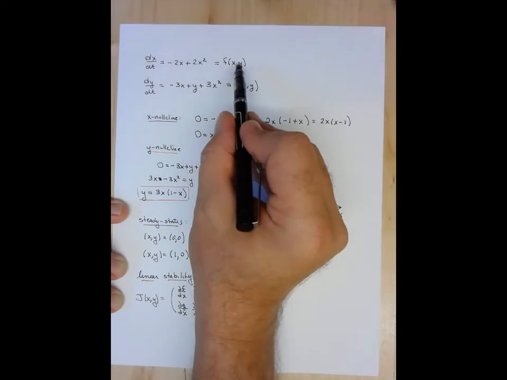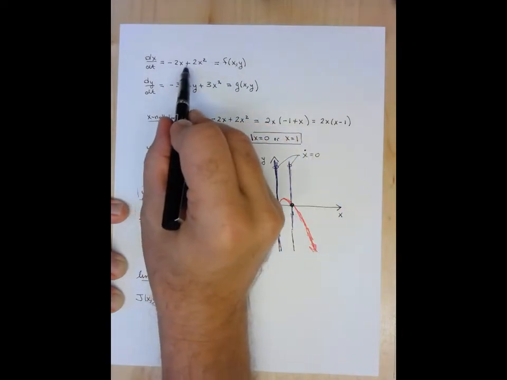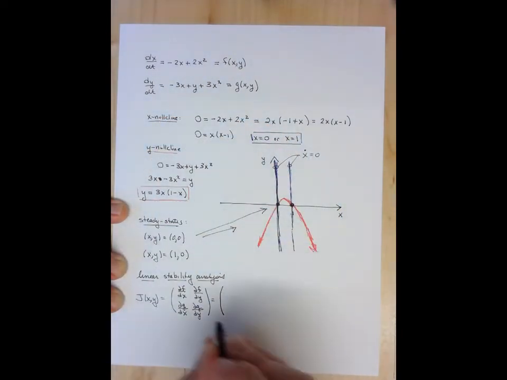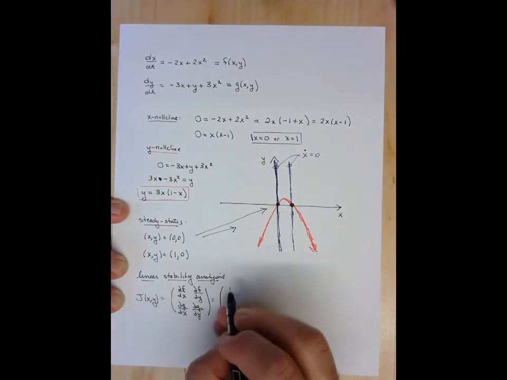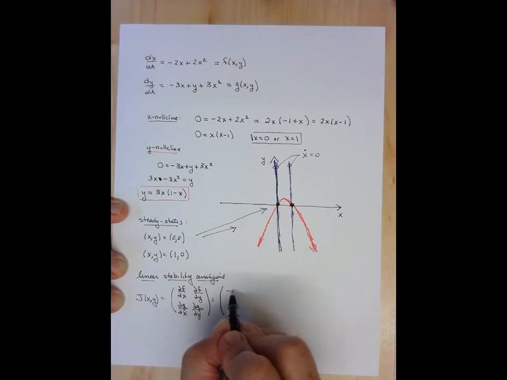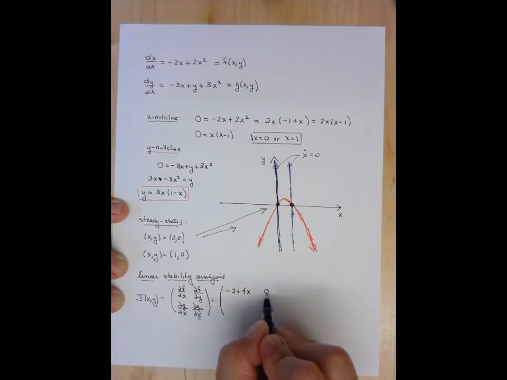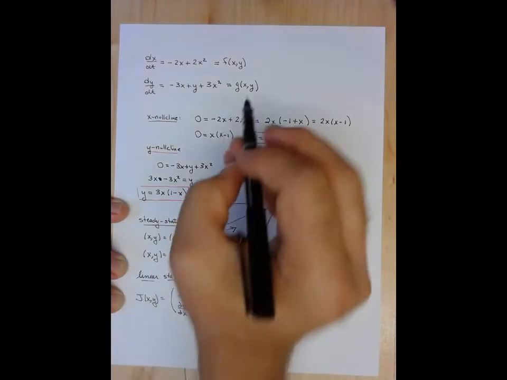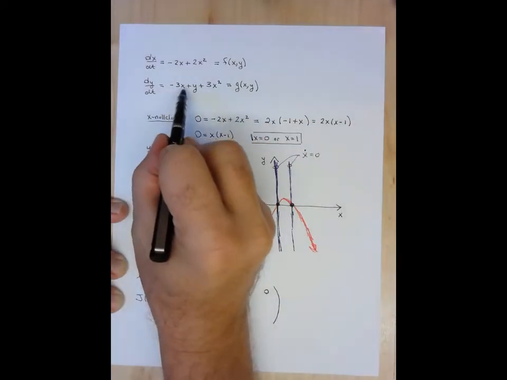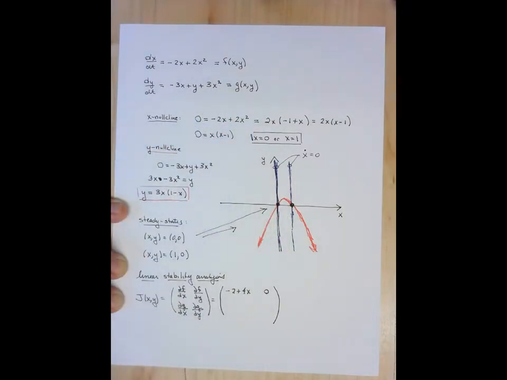So up here we see that f of x, y is minus 2x plus 2x squared. So the derivative of that function with respect to x is minus 2 plus 4x. The derivative of that function with respect to y is 0. Now g of x, y is minus 3x plus y plus 3x squared.